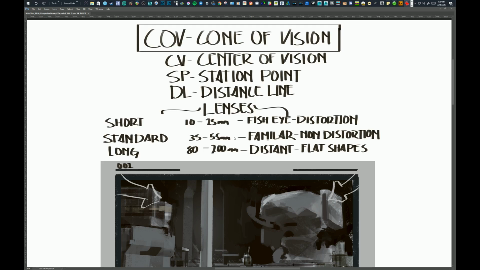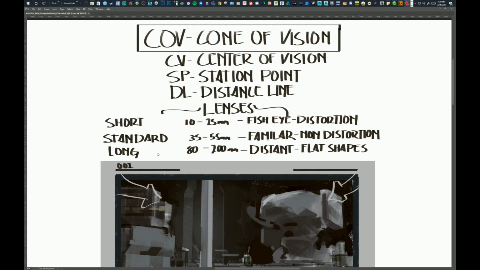But it's not really how the eye sees, but it's as close as we can get. This will be things like medium shots. You want to take a picture of a conversation between 2 people, or you want to make the viewer feel like they're really inside the scene. You'll use a standard lens.